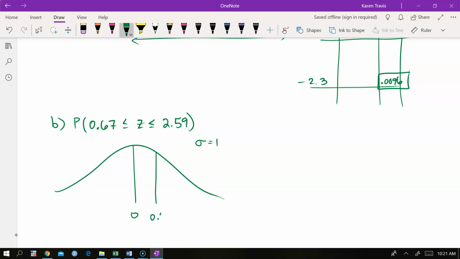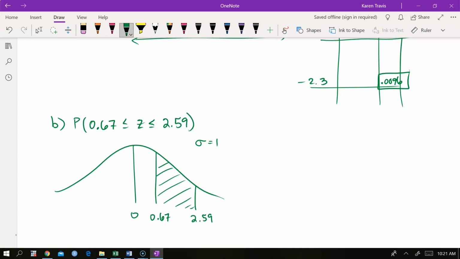Positive 0.67 is above 0. 0 is always the mean on a z. And then it ends at 2.59. So this is asking us, what is that area? Remember, we're just learning how to use the table well so that we're prepared for doing applied problems.